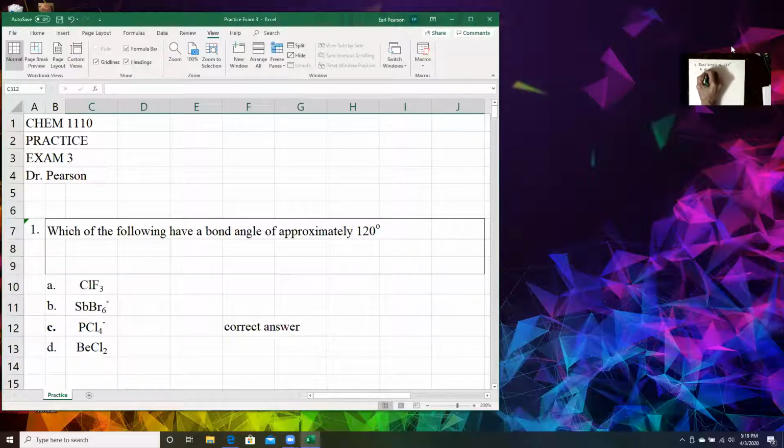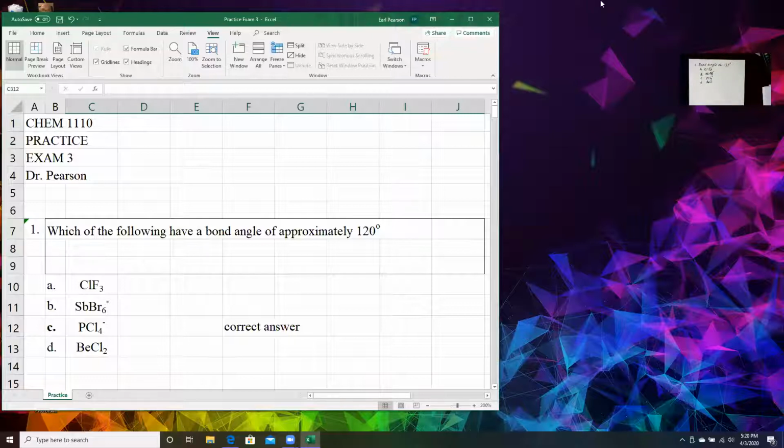A is ClF3. B is SbBr6 minus. C is PCl4 minus. And D is BeCl2.